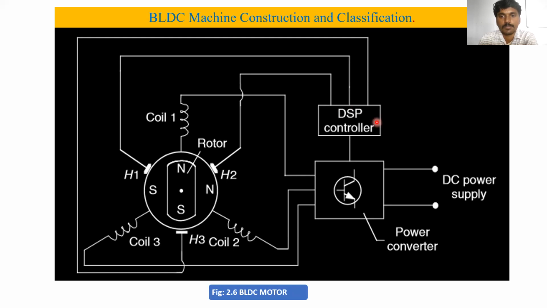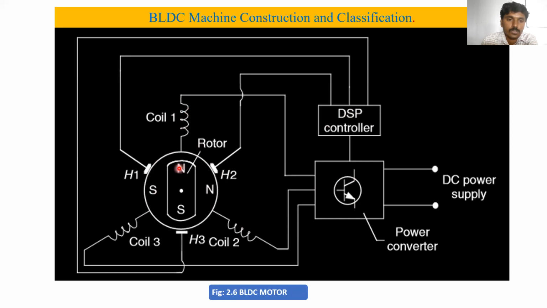This is the DSP controller, and this is the power electronic converter. This is the stator circuit, the stator coils. This is the stator winding, coil 1, coil 2, and coil 3, and this is the rotor circuit.